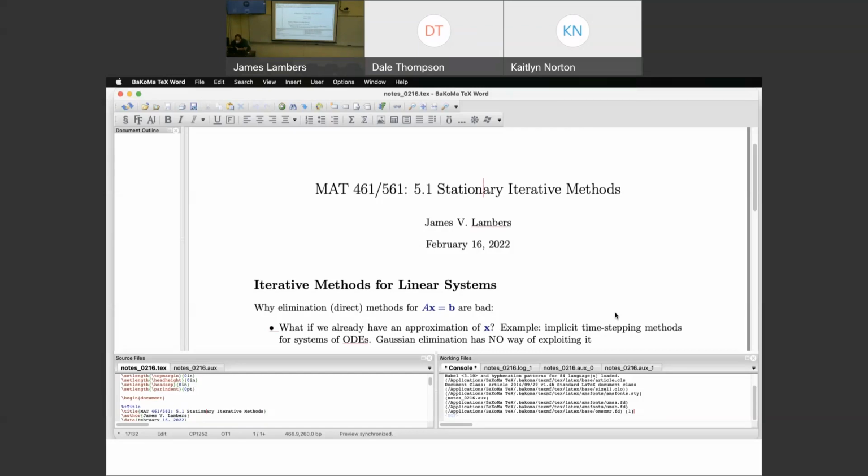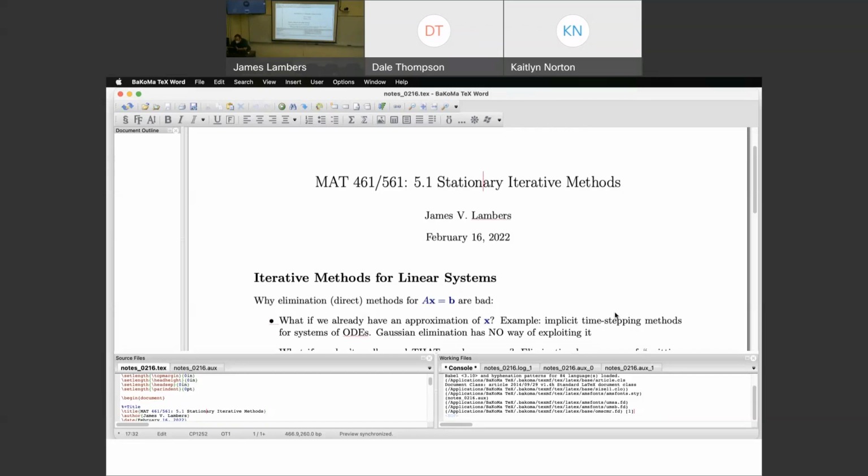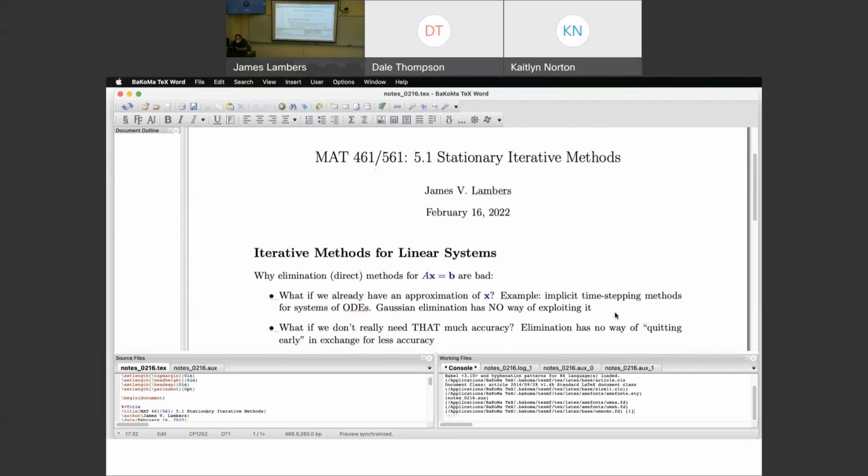Right, so that's one reason, but I got more. As I said, the solution obtained by a direct method will be exact except for round-off error. So you can expect generally high accuracy. But what if you don't need high accuracy? It'd be nice if you could therefore get away with less effort.